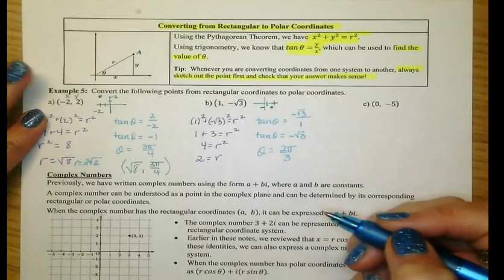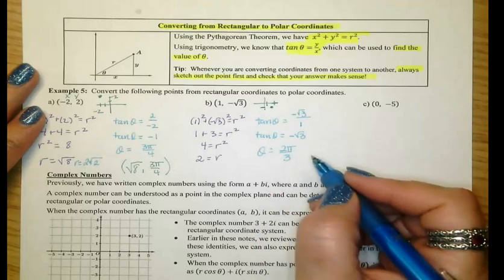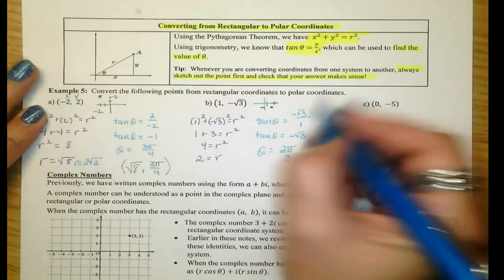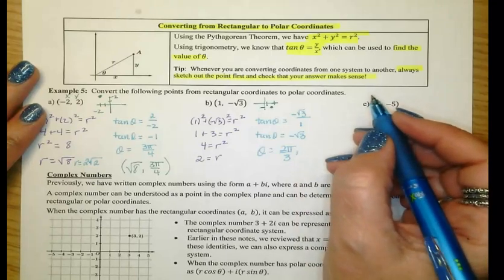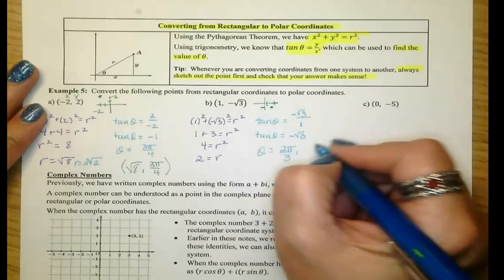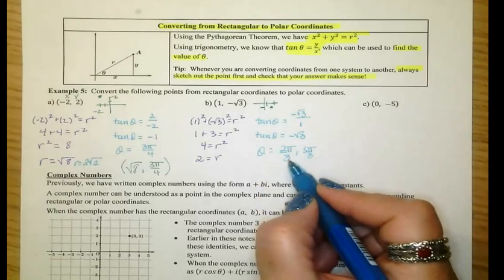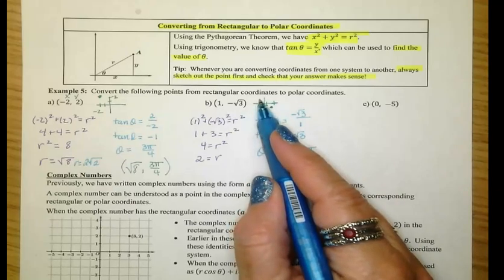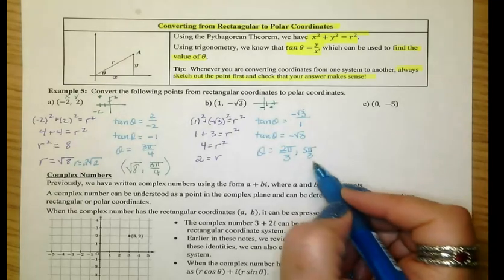Okay, so let me finish my thought here. I started with finding that one of the angles that has negative root 3 would be 2 pi over 3, but I never finished my thought and actually looked at what would be the second angle that could have that same value, which would be 5 pi over 3. So 2 pi over 3 is in quadrant 2, and 5 pi over 3 would be in quadrant 4.